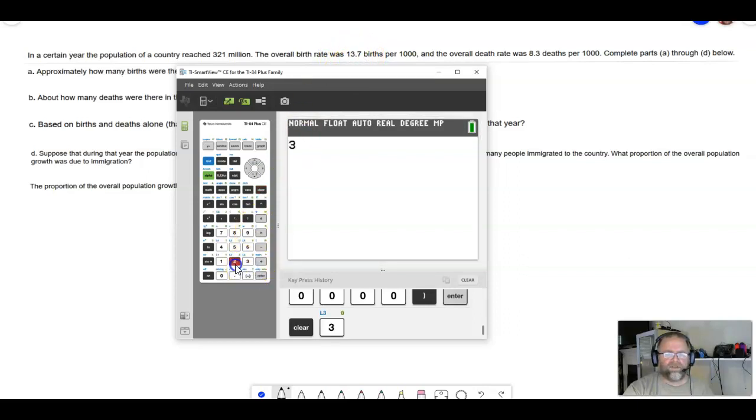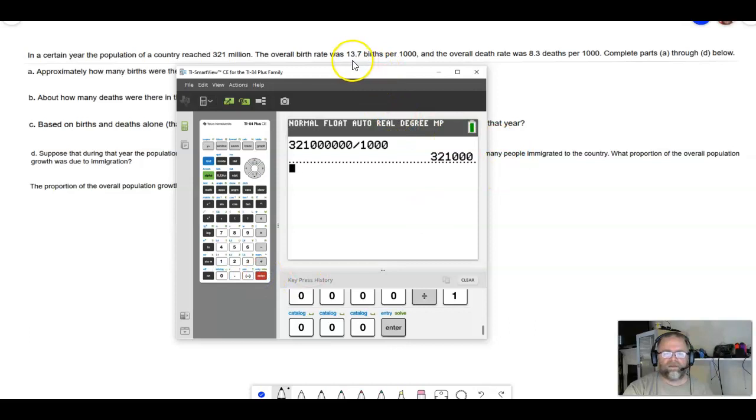So if I do 321 million and divide that by 1,000, that means that 1,000 goes into 321 million 321,000 times, which makes sense because you just move the decimal place 3 to the left. So we need to multiply this 13.7 times the 321,000.